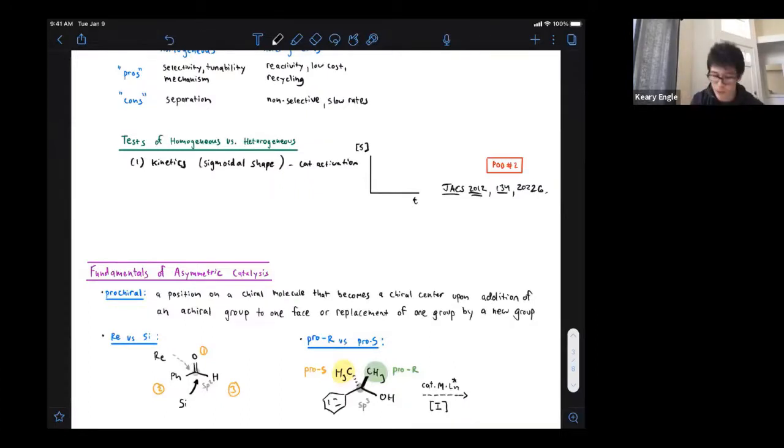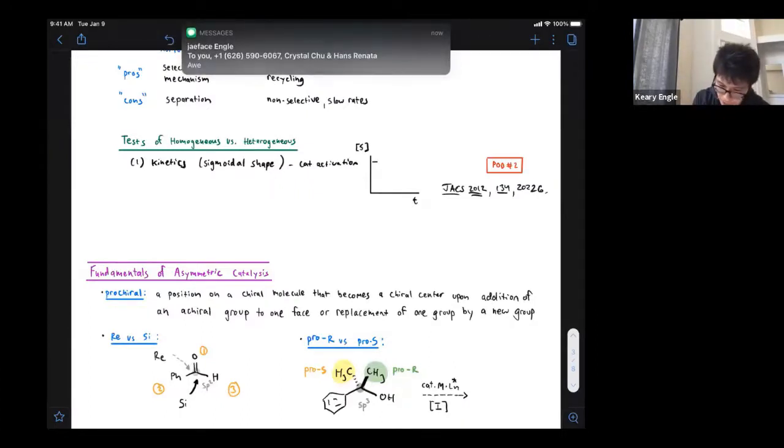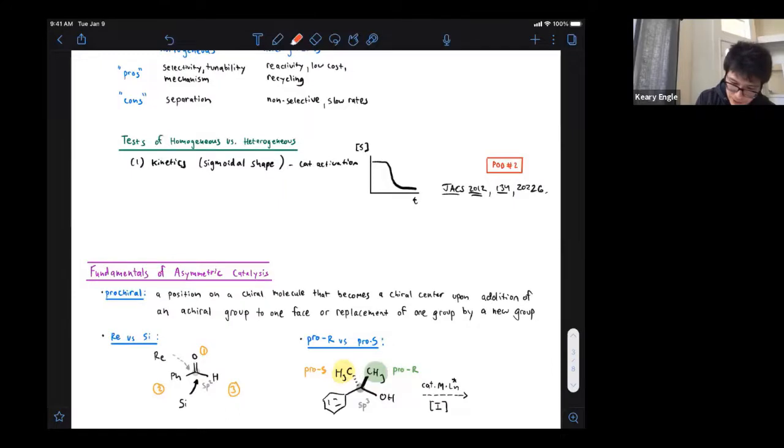So how fast does starting material get consumed? If it looks like this, and there's a period that looks like this, a strong induction period, that could be evidence that nanoparticles need to form here, as one example. Okay, great, Kelly.